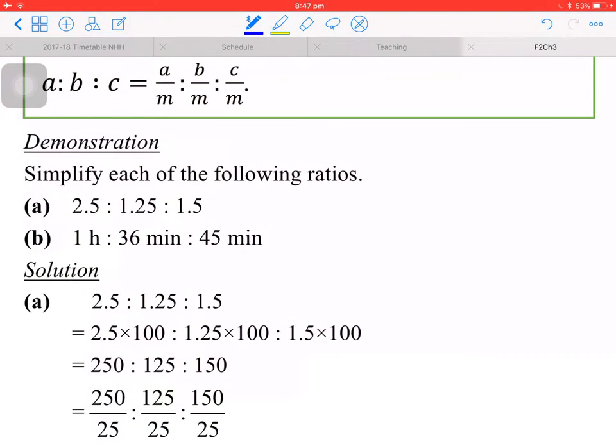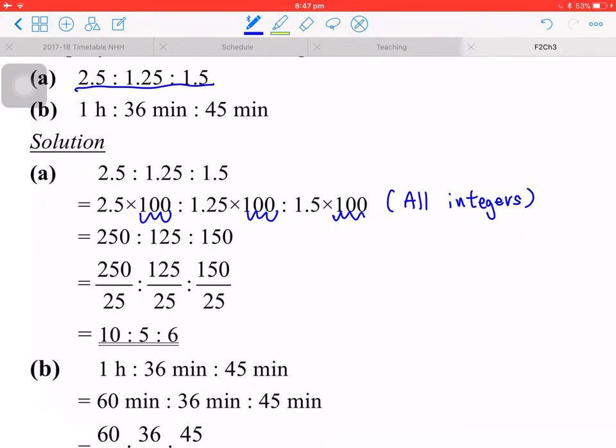So for this one, when you have 2.5 to 1.25 to 1.5, you just multiply it by 100. The step here is basically that you want to make all of them integers. When you have all integers, you can divide by the HCF of the numbers, so you can simplify it.